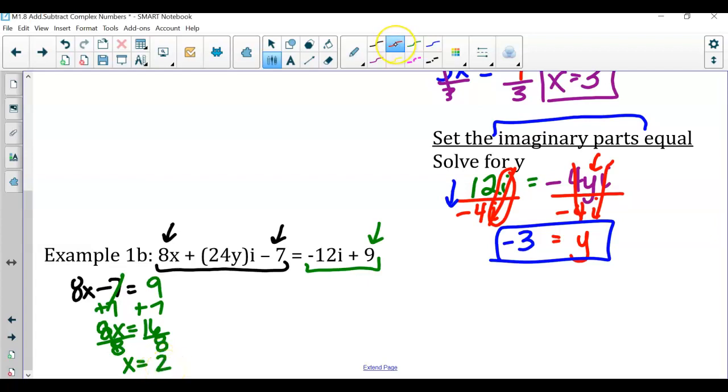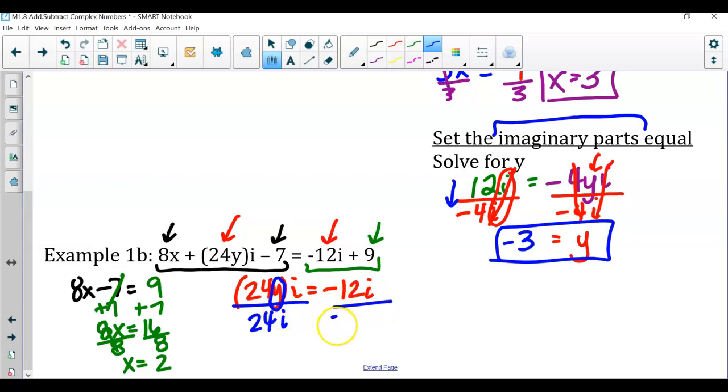So now let's do the same thing, but with our imaginary parts. On the left side of the equation, we have positive 24yi, and on the right side, we have negative 12i. Notice we are solving for y, and it's being multiplied, so we're going to divide by 24i.